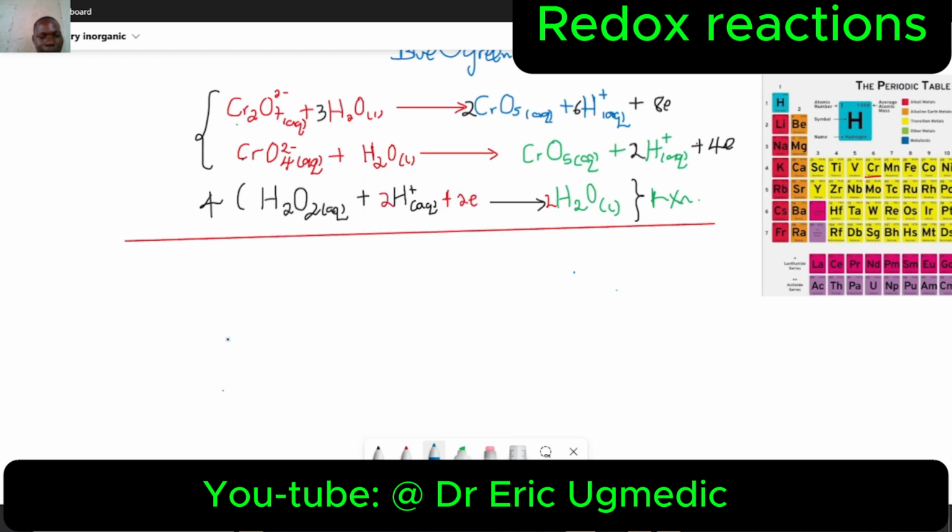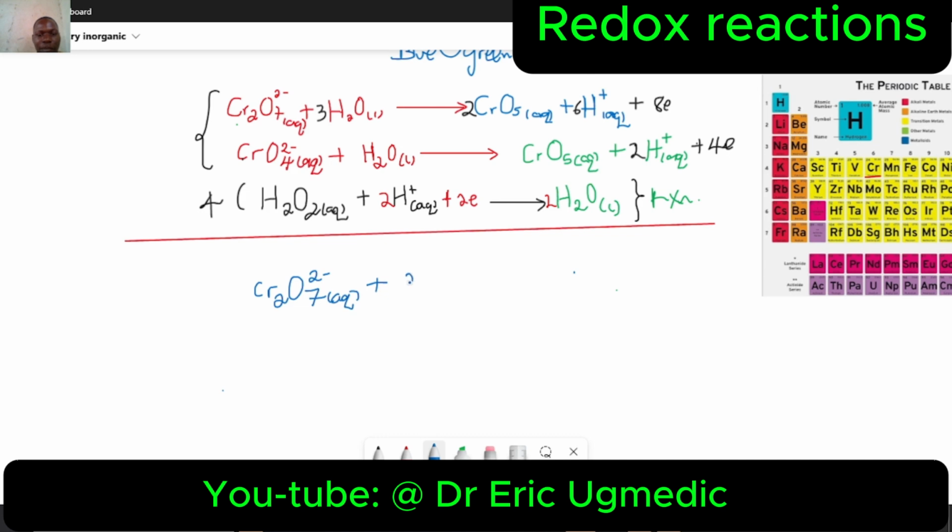So we have, what are the reactants? We have dichromate, aqueous, and then of course this remaining as 8. We shall multiply this by 4 to make the electrons 8. So this remain the same.